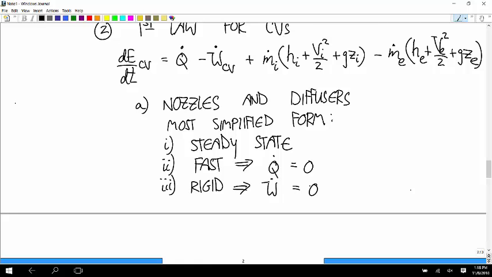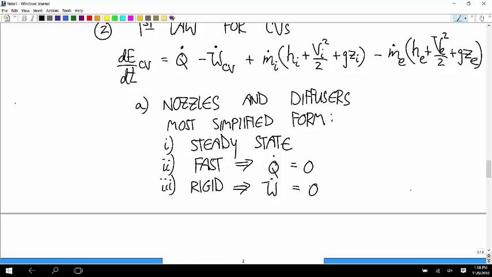Okay, so there's not going to be any work done. There's not going to be any integral of P dV. In addition to that, there's also no electricity coming in. It's not powering any moving parts or anything. What else?